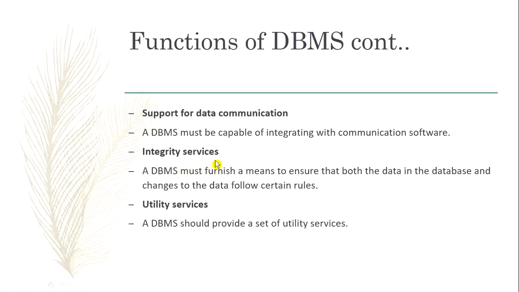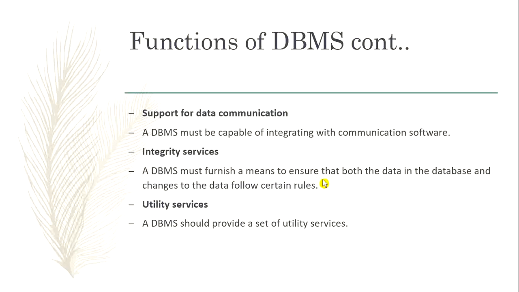Next, we have integrity services. A DBMS must furnish a means to ensure that both the data in the database and changes to the data follow certain rules. We have discussed integrity before. Integrity means the correctness and consistency of data. So the data should be consistent, it should be updated everywhere, and the data should be correct.